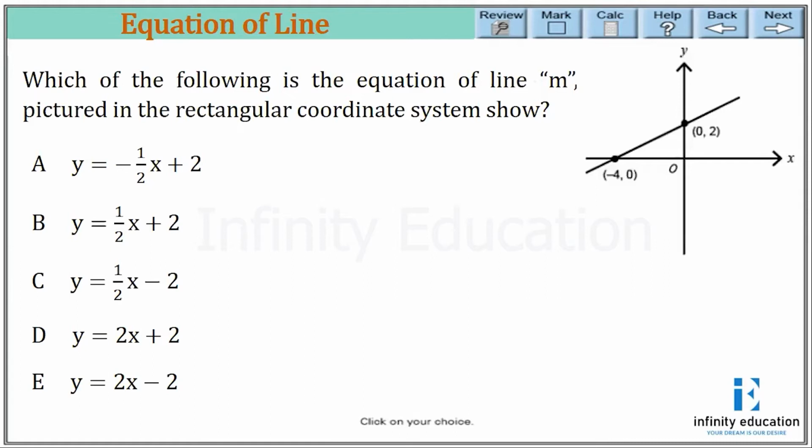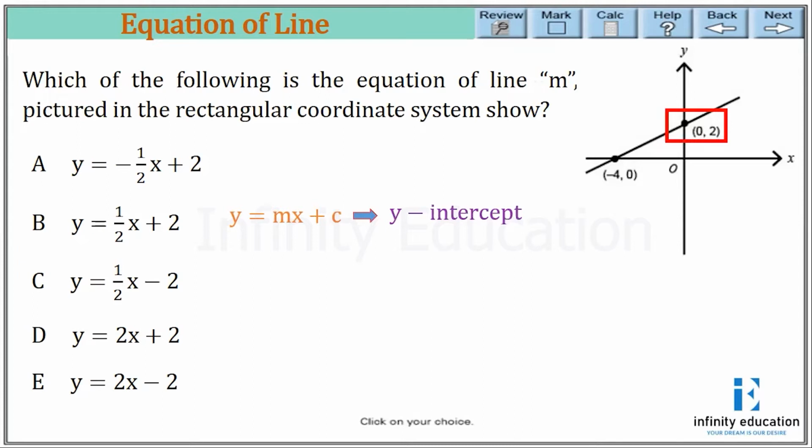Now let's do some examples. Which of the following is the equation of a line M pictured in the rectangular coordinate system? We know the equation of a line is y equals mx plus c, where c is the y-intercept, and we can see 0 comma 2 is a point on the line.